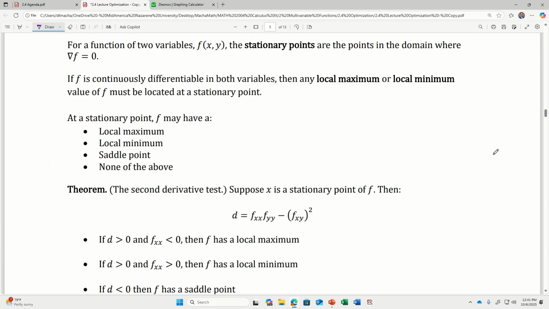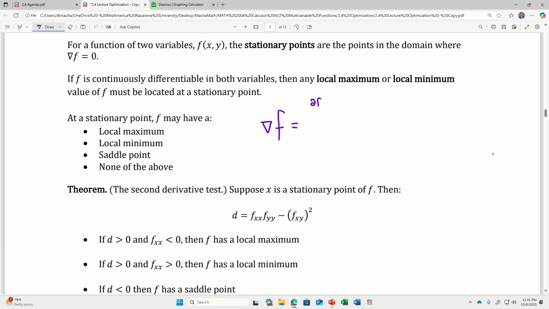Okay, fast forward a year, and now you're in Calculus 3. If I have a function of two variables, the stationary points are the points in the domain where the gradient of f is equal to the 0 vector. You remember the gradient of f?